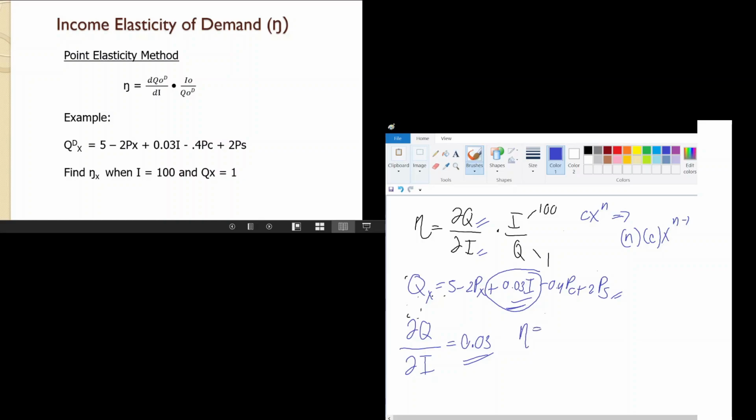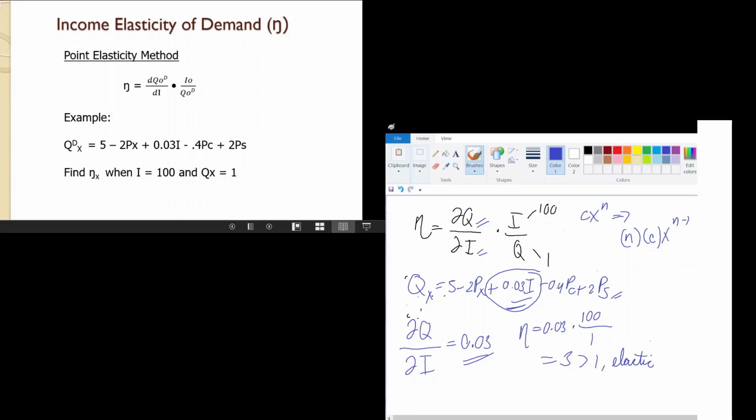So, elasticity is equal now to 0.03 multiplied by 100, which is the given, over 1. Okay, so 0.03 times 100 over 1 is 3. Okay, so 3 is greater than 1, therefore it is elastic.